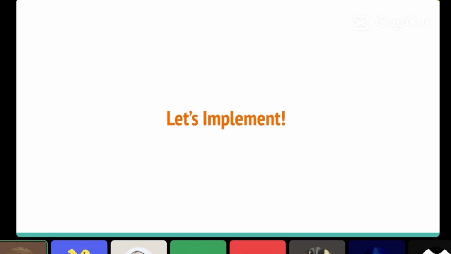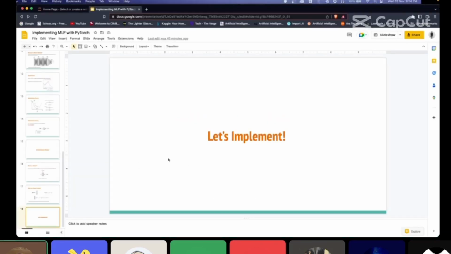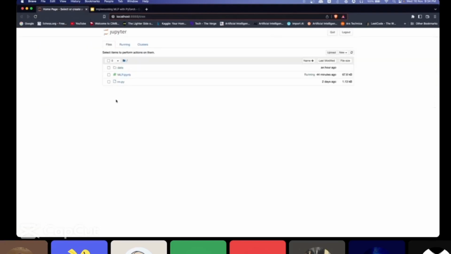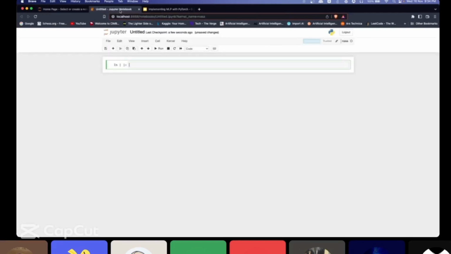Now comes the time to try and implement our solutions. All right, how many of you here know about the MNIST dataset? All right, I'll take it as no one here knows about the MNIST dataset.